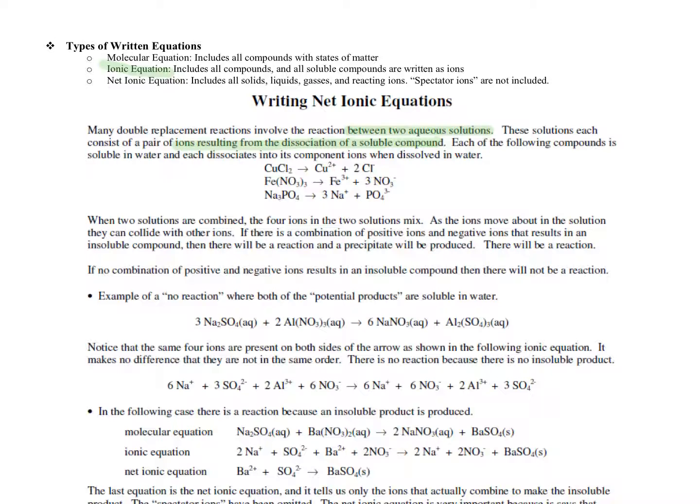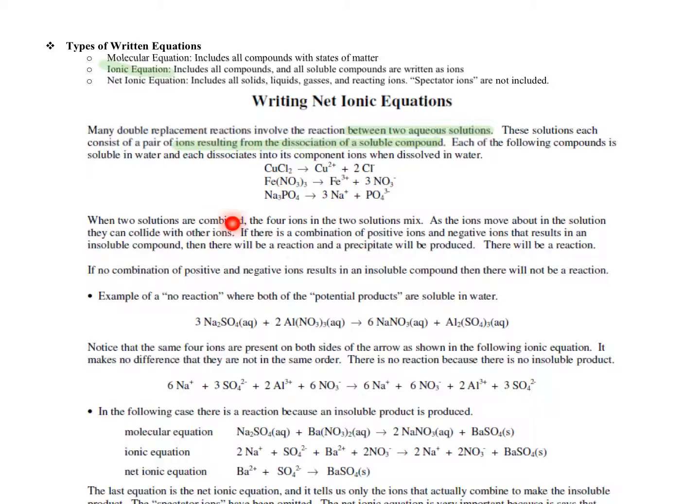If it starts with Na, K, or NH4, it is always soluble, no exceptions. If it ends in NO3, always soluble, no exceptions. So we decide each one of these compounds, if they're soluble, they break apart. Now chloride is usually soluble as well, but you wouldn't have to have its solubility rule memorized. The only rule you have to have memorized for AP Chemistry anymore are those 4 ions. Okay. Sodium, potassium, ammonium, nitrate.